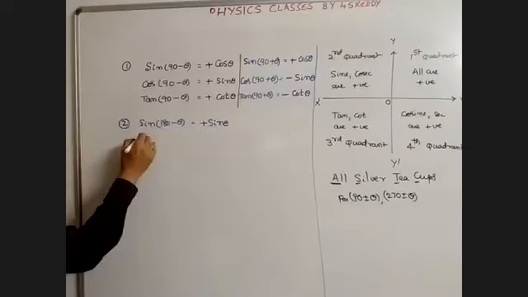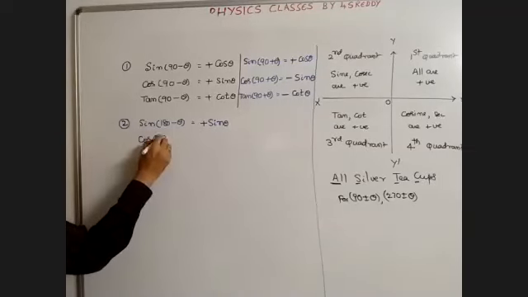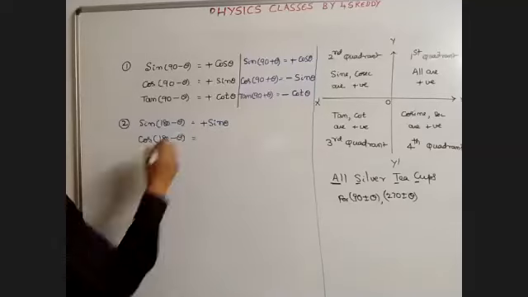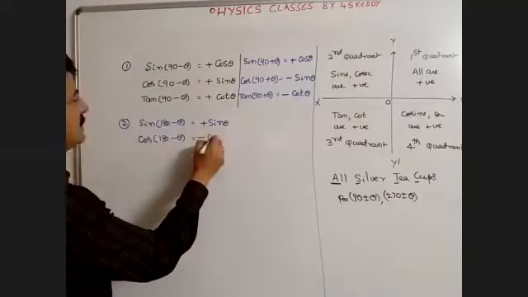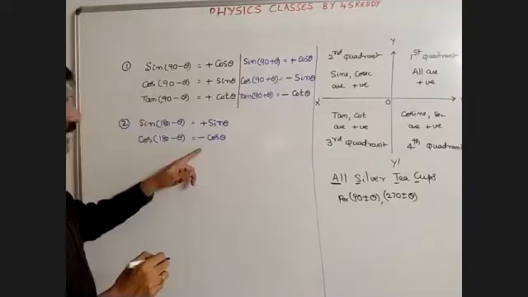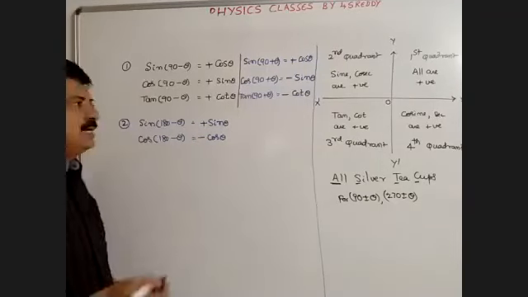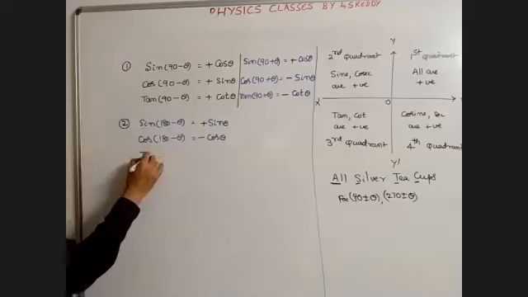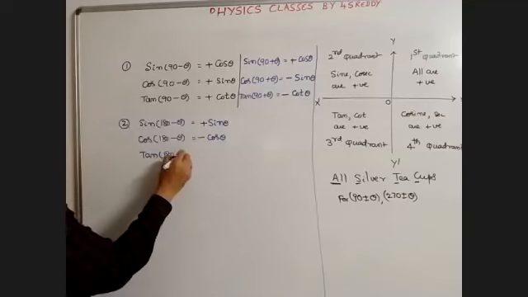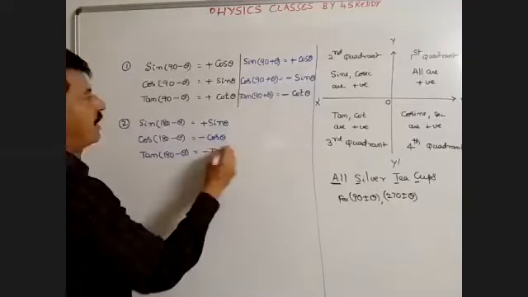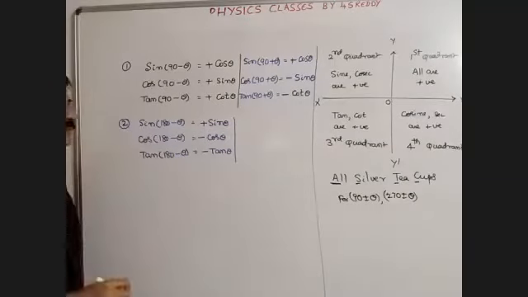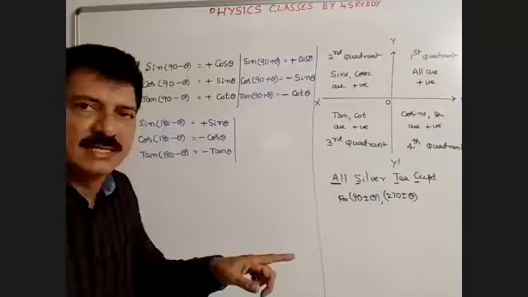Similarly, cos(180 minus theta), second quadrant: only sine is positive, so minus cos. The function remains unaltered. And tan(180 minus theta) is minus tan theta. This is 180 minus theta.